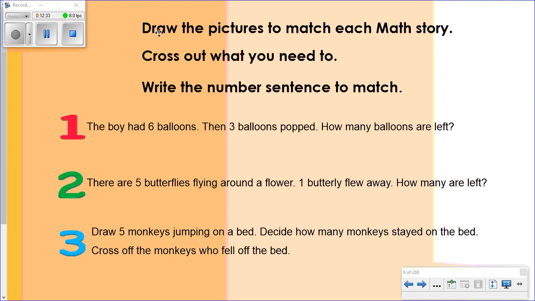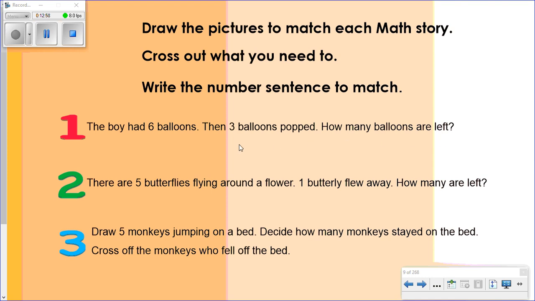What you will do is draw the pictures to match each math story. Cross out what you need to and write the number sentence to match. So here's the first story. The boy had 6 balloons. Then 3 balloons popped. How many balloons are left?